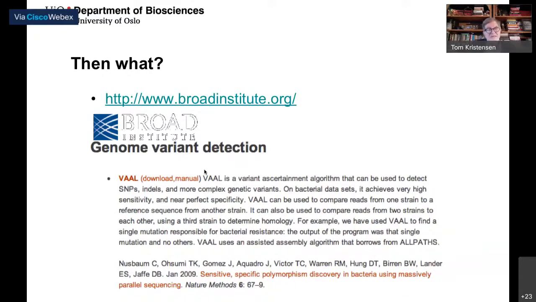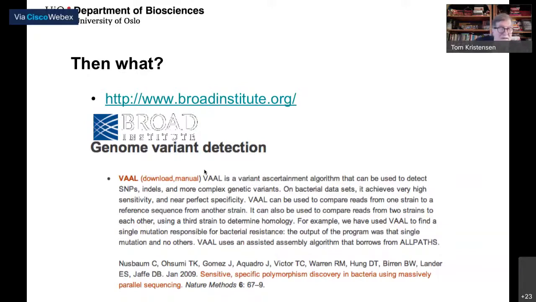The question then was, how can we compare these mutant sequences with the reference genome and discover what actually causes these mutants to be resistant to the bacteriocin?